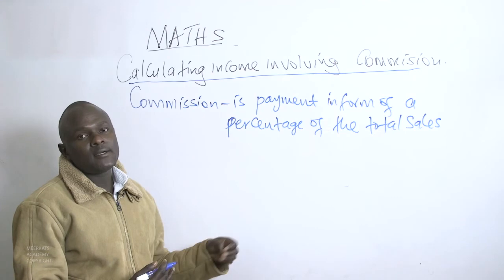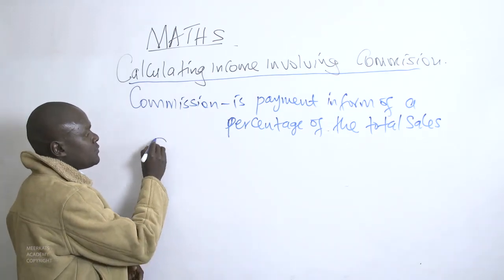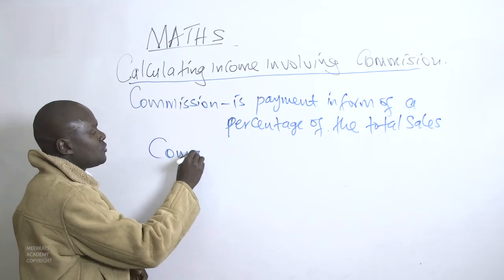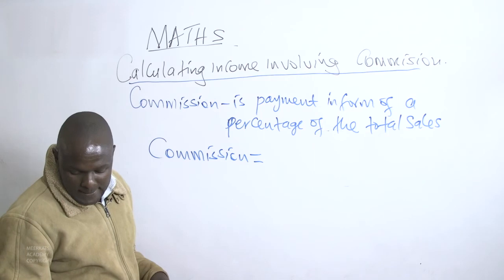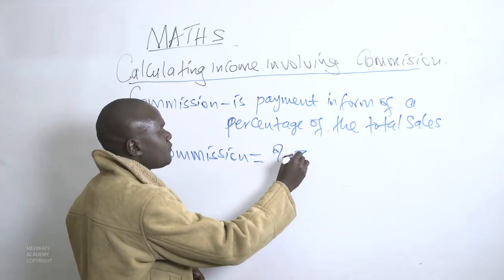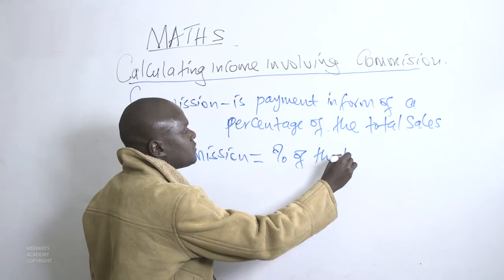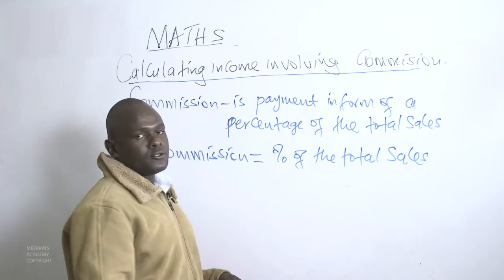So if we take our commission to be something like X, we can say that commission is basically a percentage of the total sales.